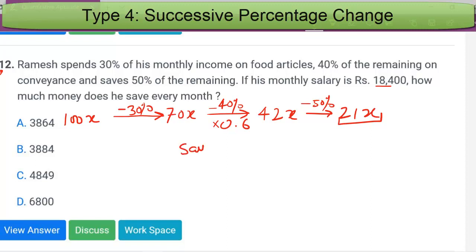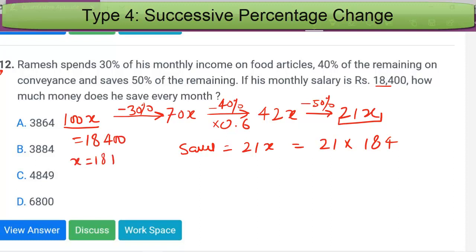So he saves 21x, and that can directly be written as 21 multiplied by 184, because here we have assumed 100x is equal to 18400. So x is equal to 184, so I have directly put the value 184. This is the only calculation that you have to do in this particular question.